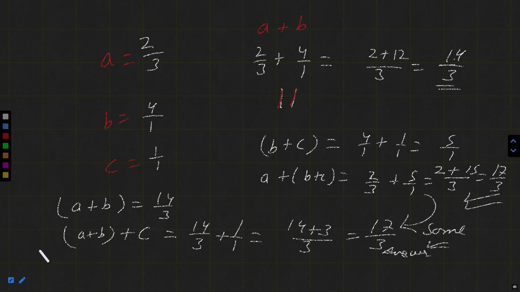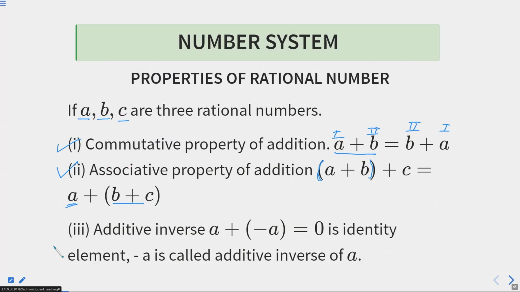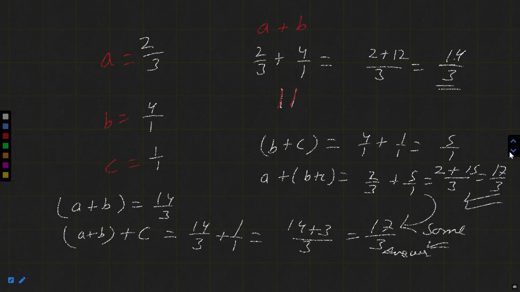So this property in rational numbers also holds. Adding any two numbers first and then the remaining number is the same as adding b and c first and then the first number. Okay. Now additive inverse. Additive inverse says if we have a number a and add minus a, we will always get 0. So what do we mean by that?